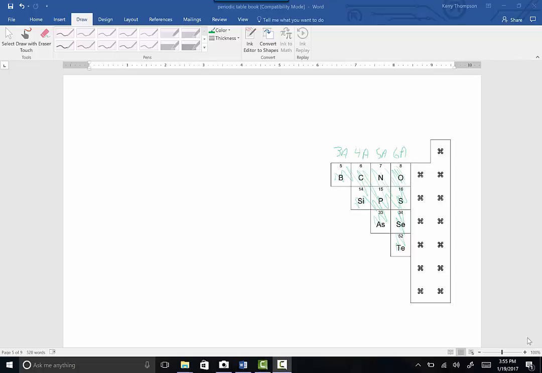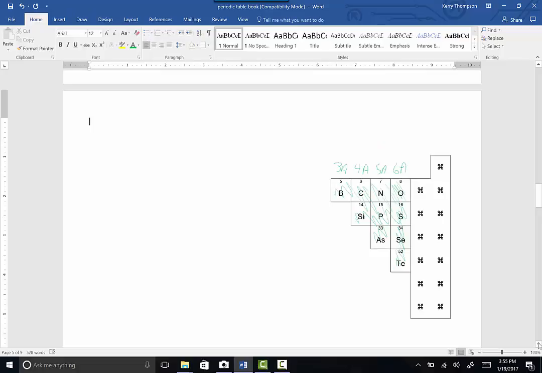Okay, so now that you've gotten this third page cut and colored, let's go ahead and get some information on this. As you can see, I've chosen green. In these groups, these are groups 3 through 6. They are not the complete groups 3 through 6, but it's most of the groups 3 through 6.